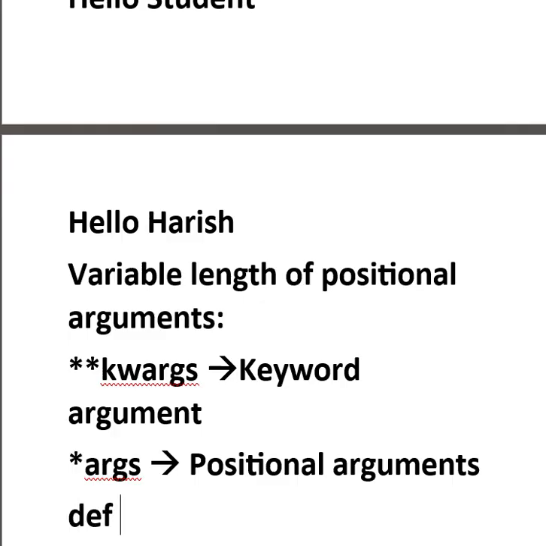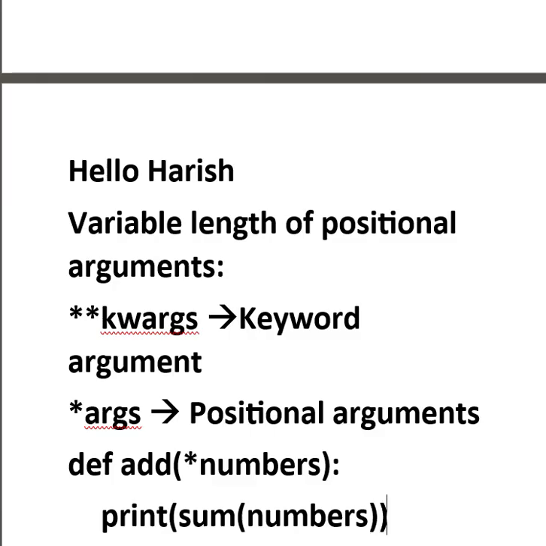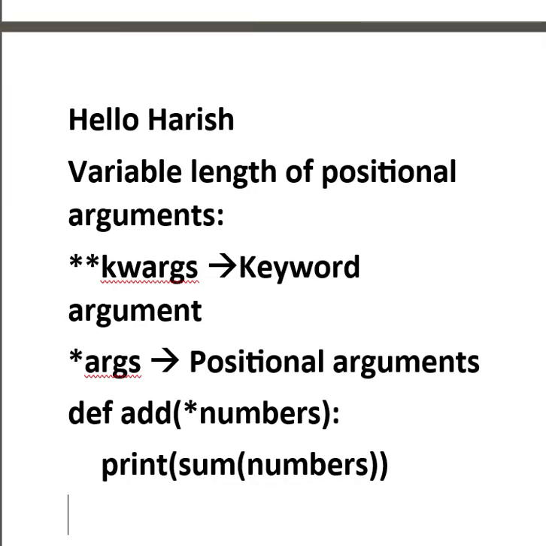So I'm going to take def and function name as add. In that I'm going to give star numbers. Next I need to print it: print sum of numbers. At last we need to call a function. I'm going to call three times: add 10, comma, 13.